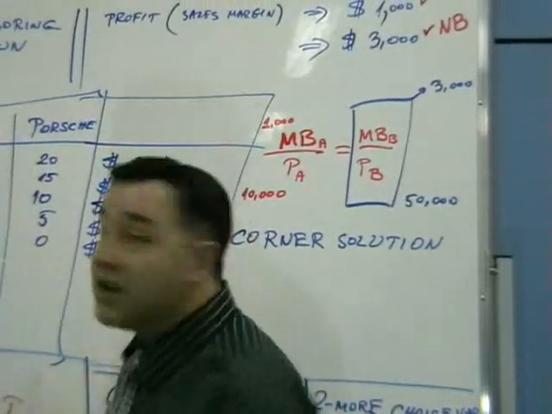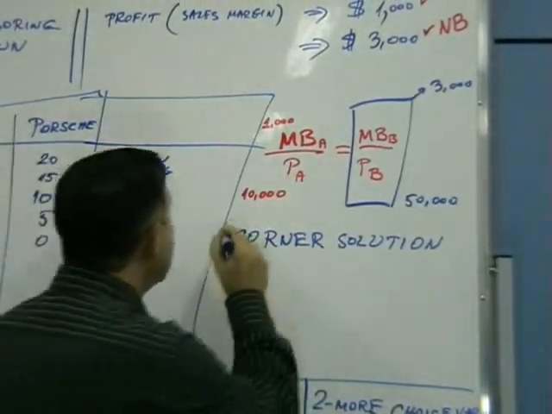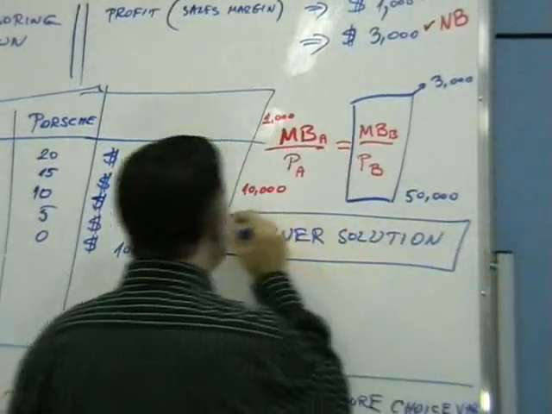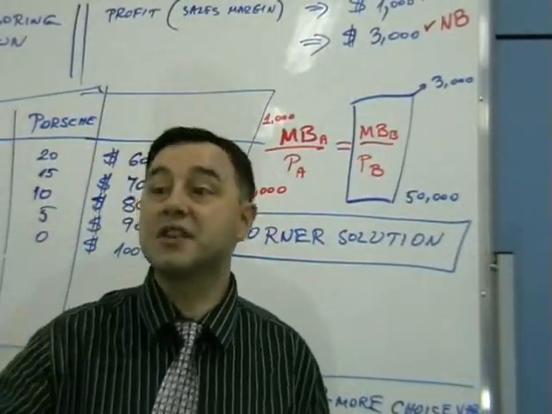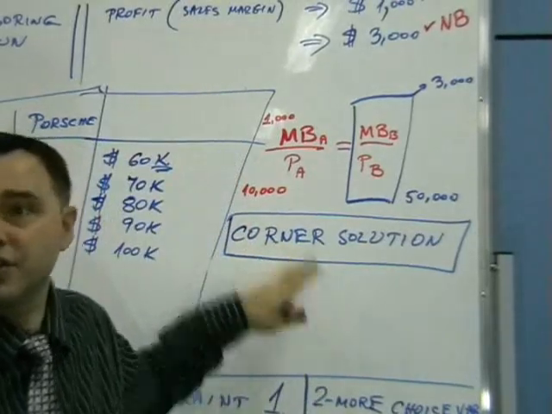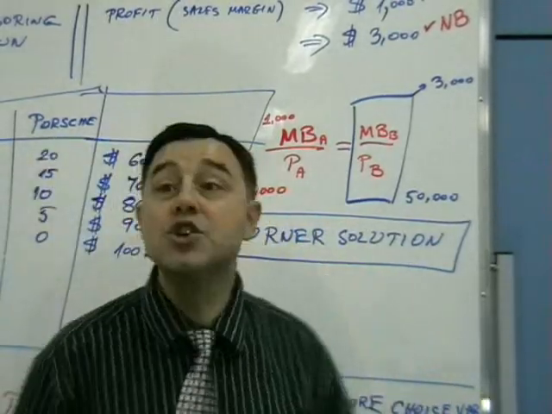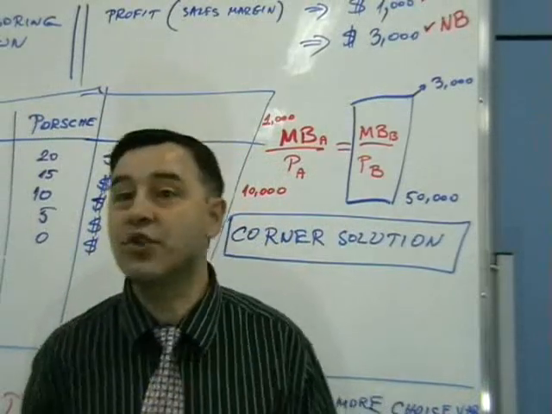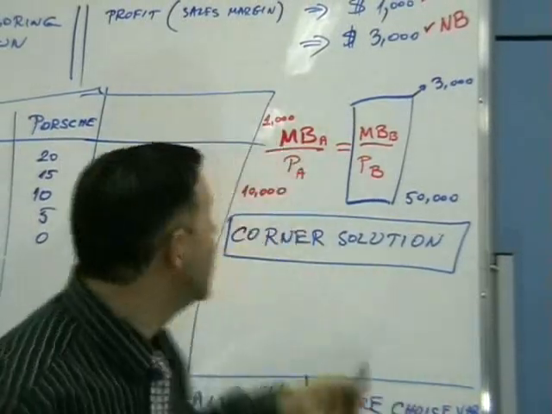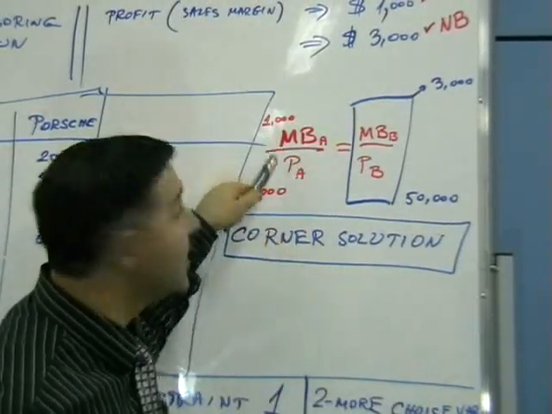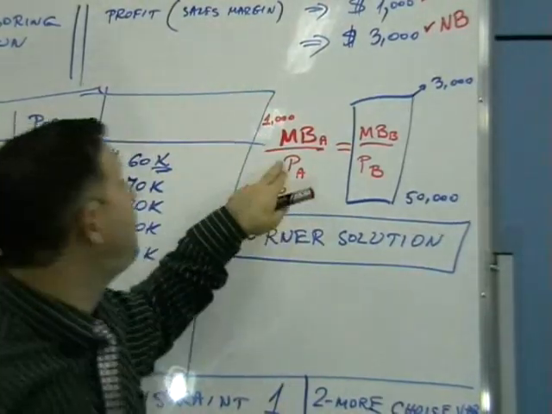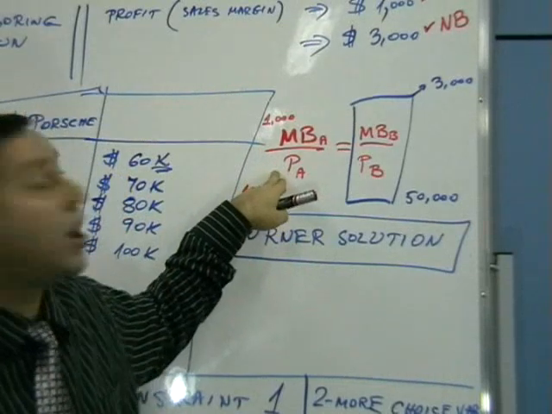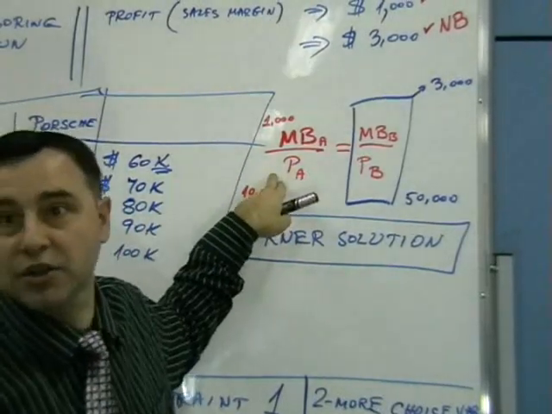So, again, usually when one constraint is not binding and the other is completely binding, you usually get corner solutions. I want to get into that. But usually when all constraints are binding, the optimal solution is of this type, where the marginal benefits per dollar, that's how we call it, per dollar, alright?